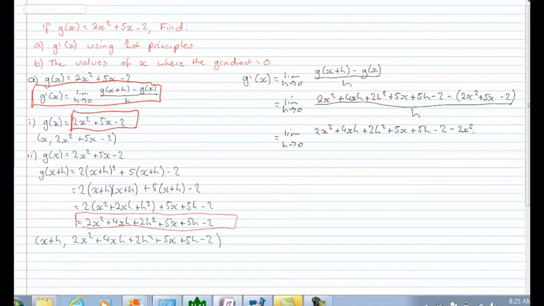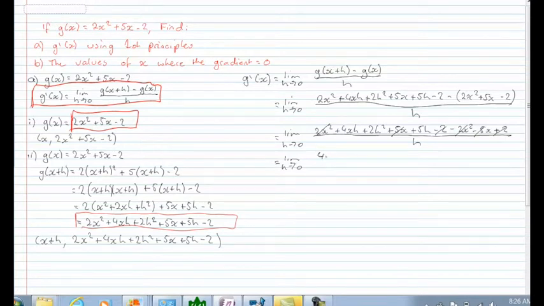Negative times positive is minus 5x, and negative times negative is positive, so plus 2. How much nicer was that line then? Over h equals the limit as h approaches 0. 2x squared and the negative 2x squared will cancel each other out, as will the 5x and the negative 5x, as will the negative 2 and the positive 2.